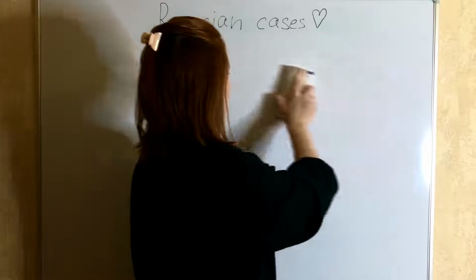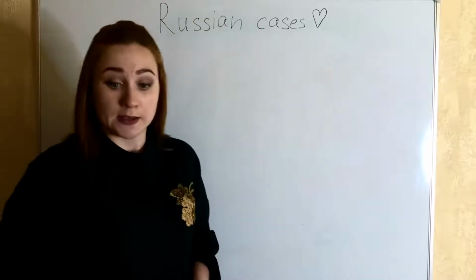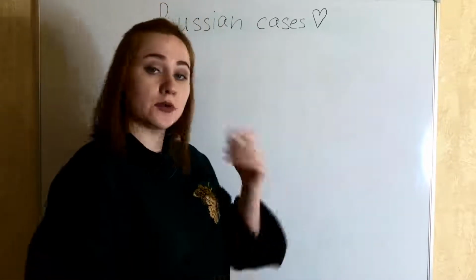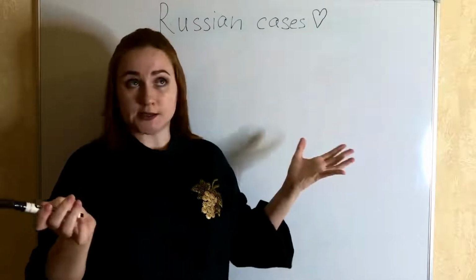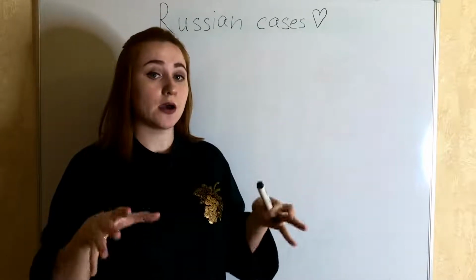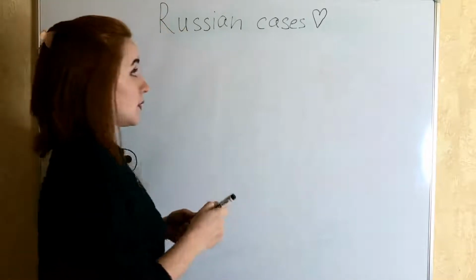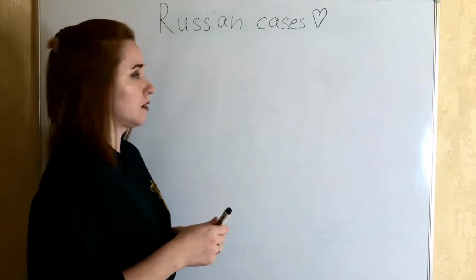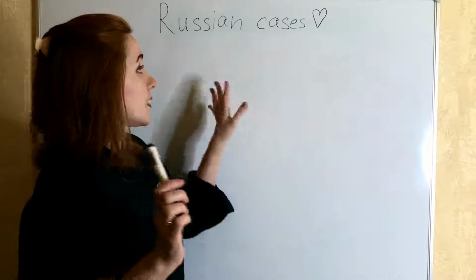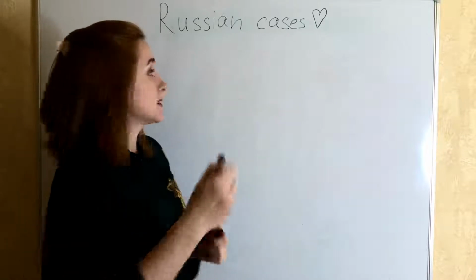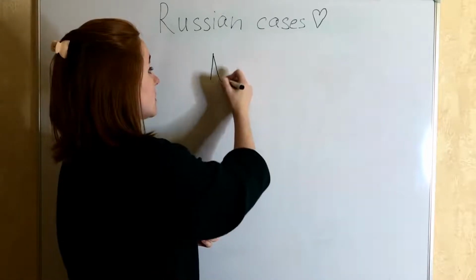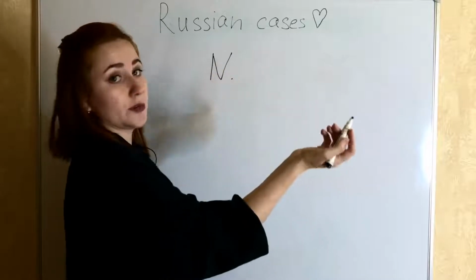Now I will tell you how many cases we have in Russian and how not to learn them. Okay, let's begin with this. So we have 6 cases in Russian. The first one is obviously nominative.